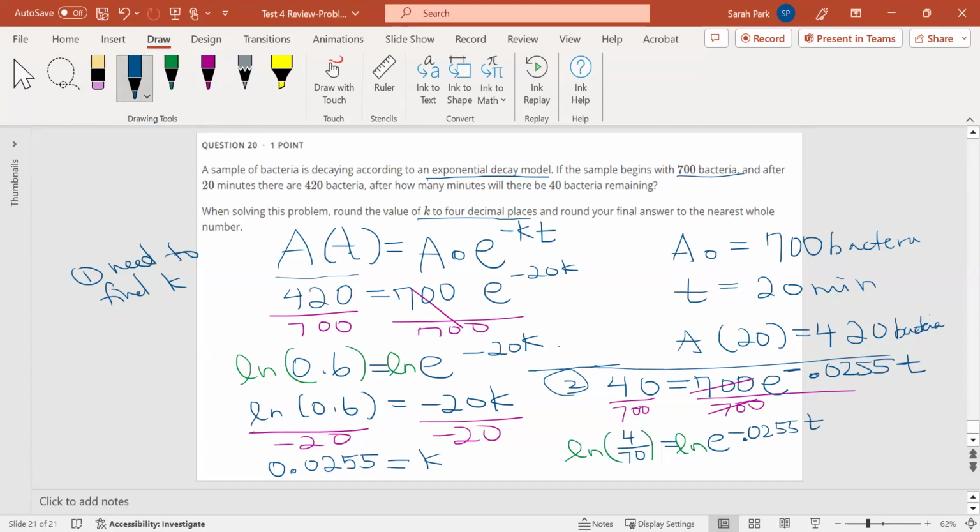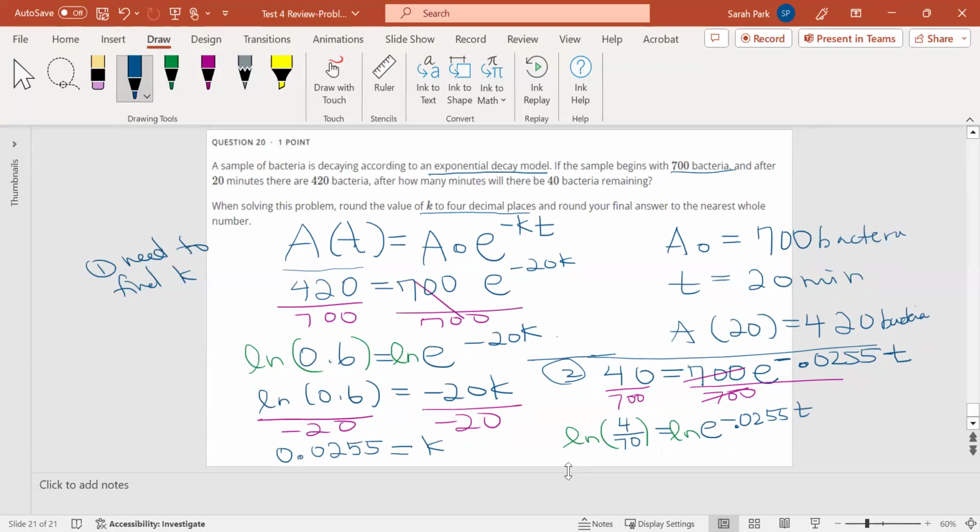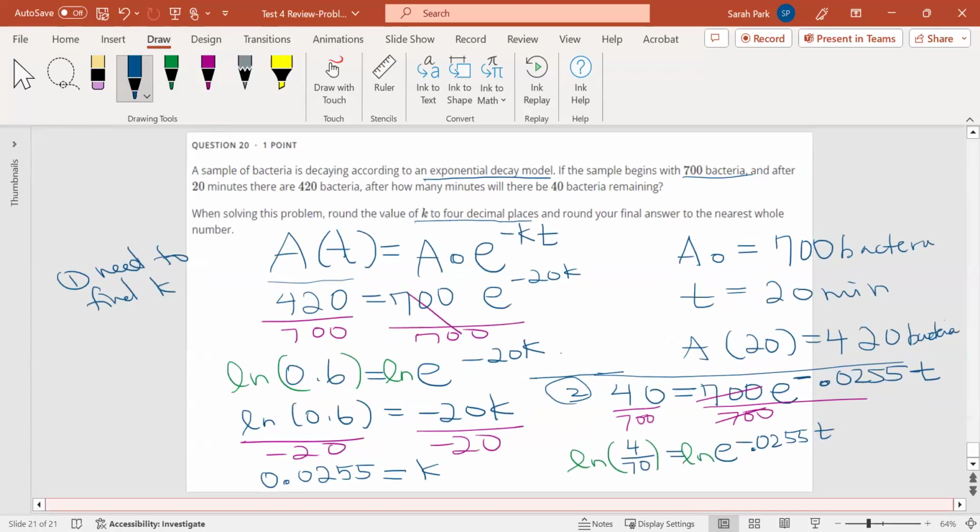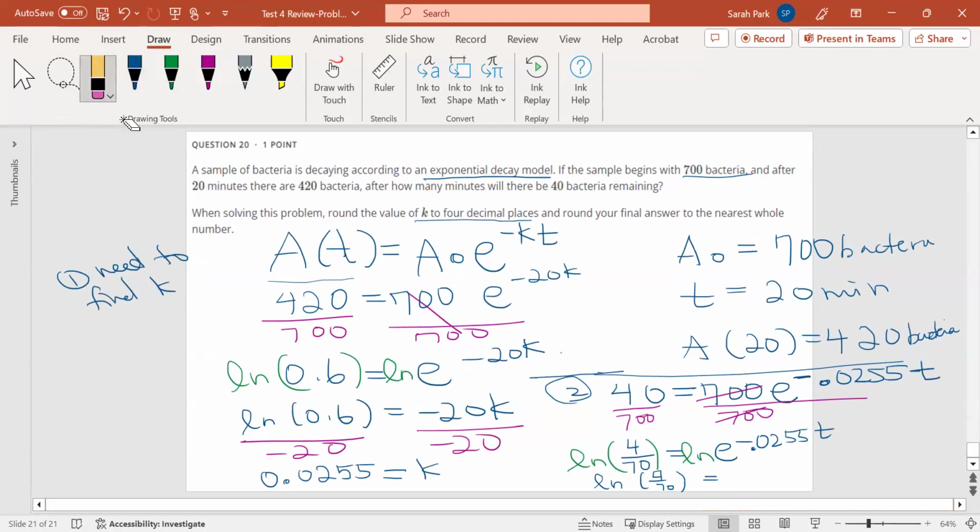We are left with ln of 4 over 70 equals negative 0.0255t. And then in this case, we would divide both sides by negative 0.0255.